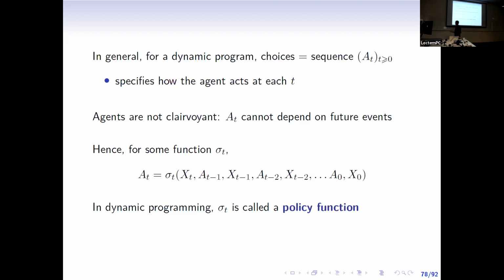This function is called a policy function. That's a very general sort of policy function, but at this level of generality dynamic programming is hard to do. Dynamic programming is hard enough already. So let's try and reduce the level of difficulty a little bit.